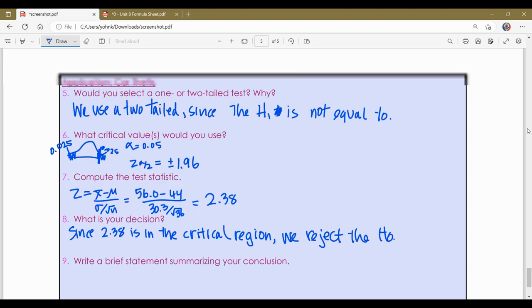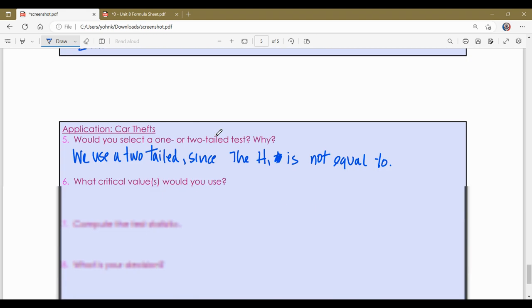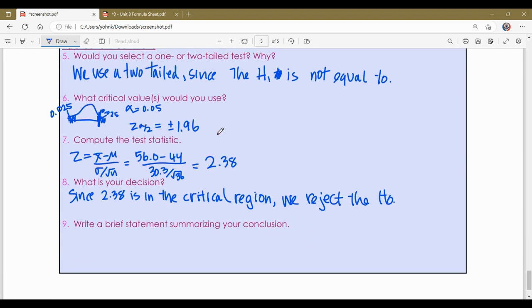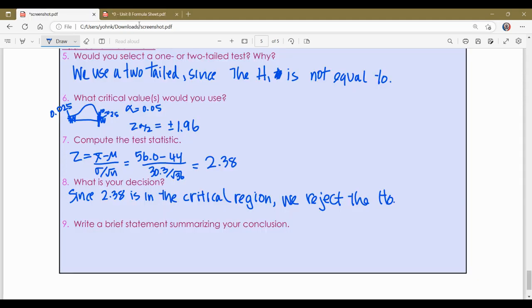And remember that our claim was the alternative hypothesis. So since we are rejecting the null, we have enough evidence to support the claim. We can check one more time. Our alternative was our claim, and we were rejecting, so there is enough evidence to support the claim.